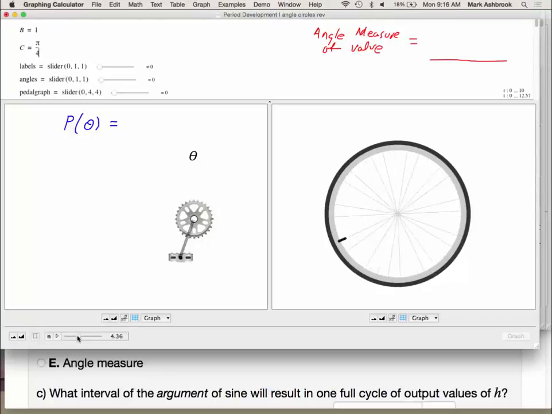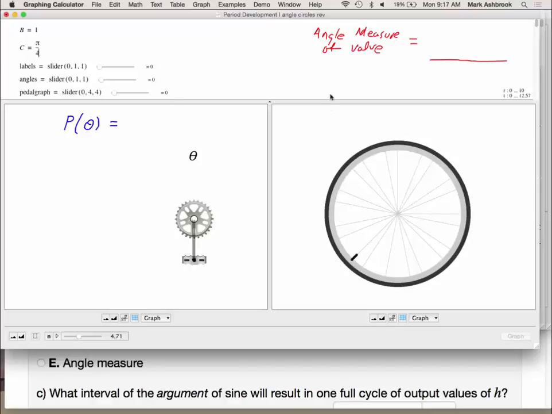Okay, given that the pedal has swept 3 pi over 2, what angle measure do we have for the valve? We should know that from our unit circle, right? So remember, count. 1, 2, they're pi over 4s, right? 1, 2, 3, 4, 5 pi over 4.